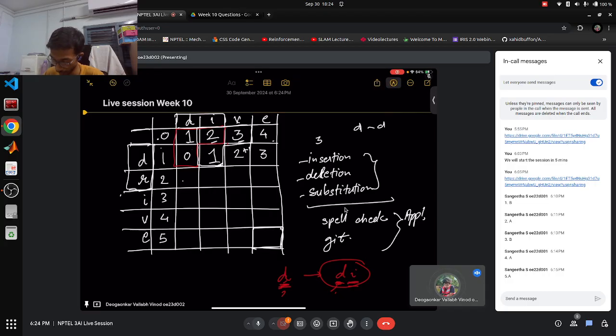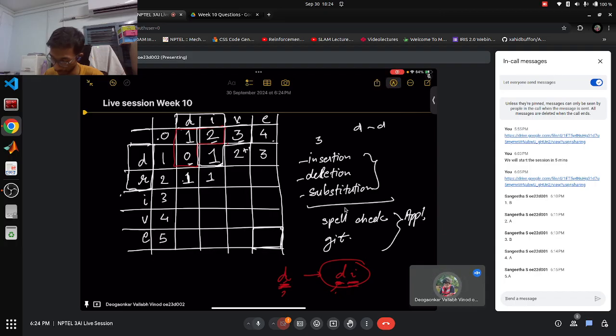So that is again the same as this, the minimum is 0 here plus 1. Again DR to DI, the last letters are not the same, so the minimum is 0 plus 1, which is 1.